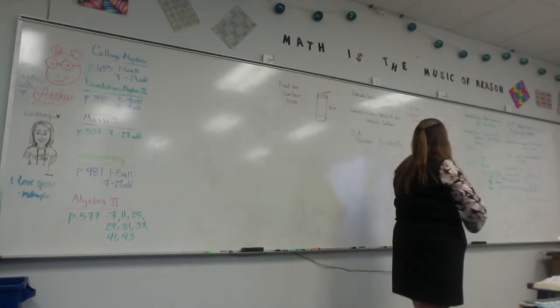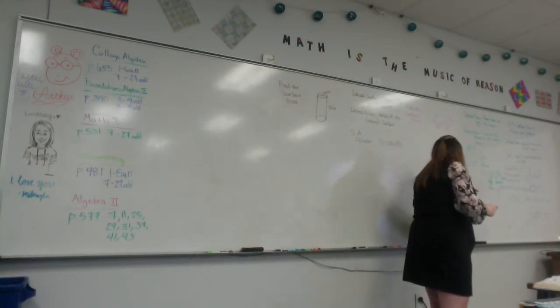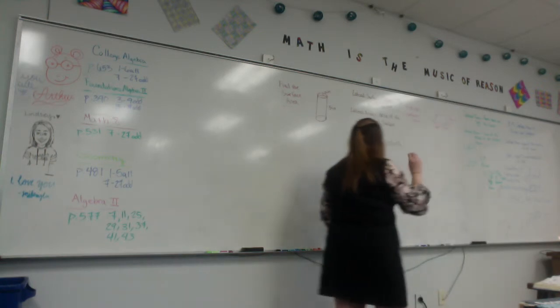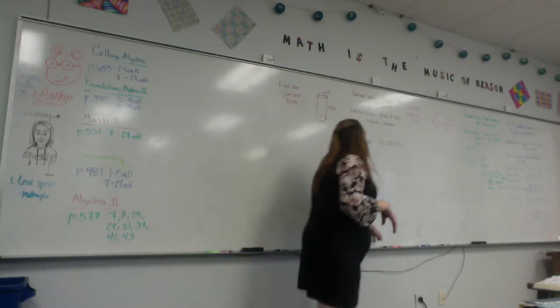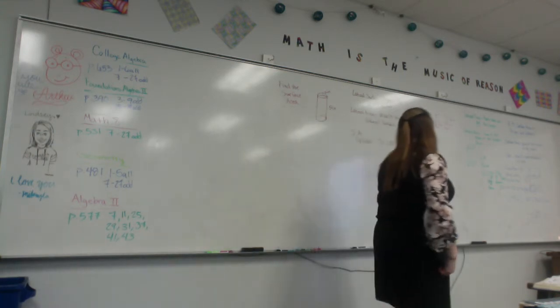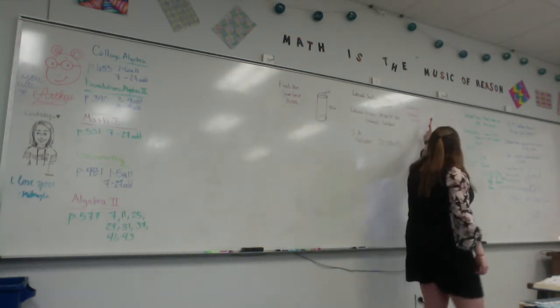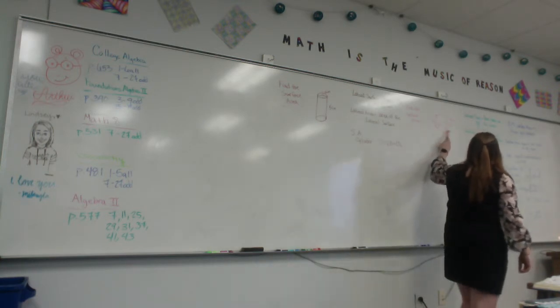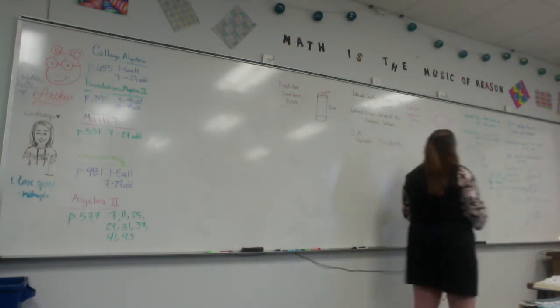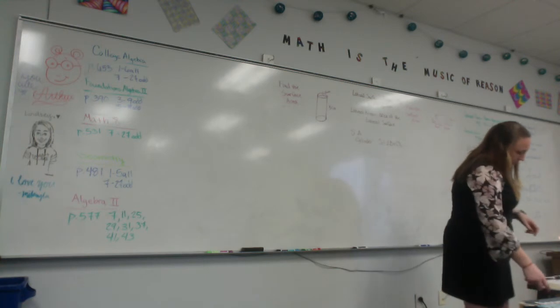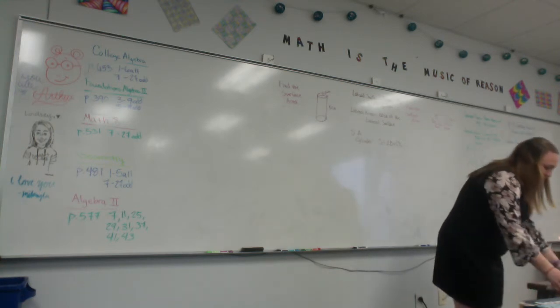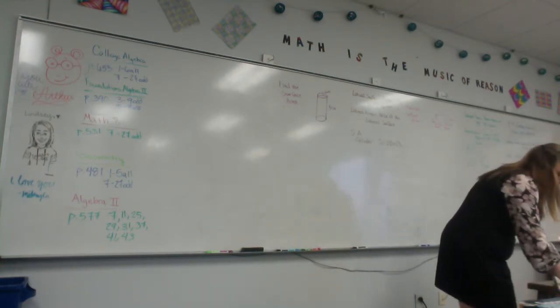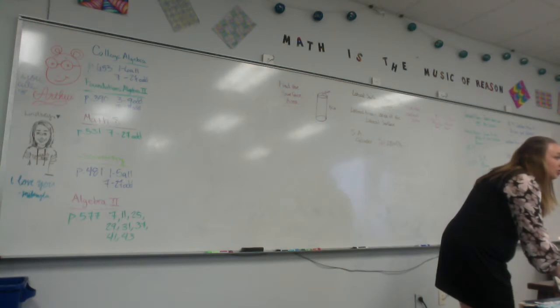Okay? So if I have this shape here, a triangular prism, and it says find the surface area, and I know that this height is 6, this is 8, this is 18, that's 10. How can I solve that? What are my bases, first of all? What do you think my bases are? 18.